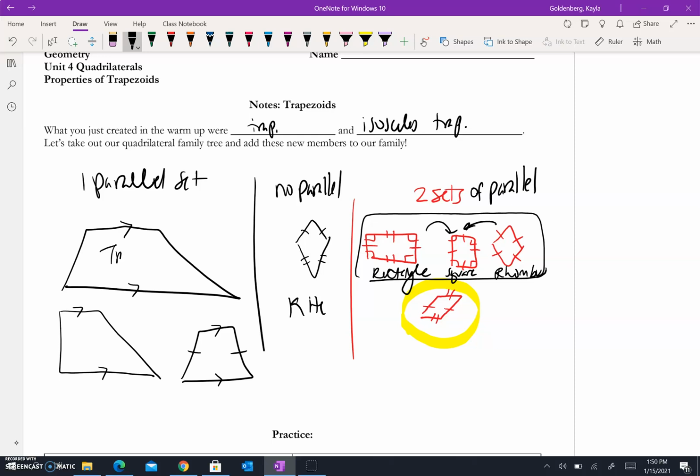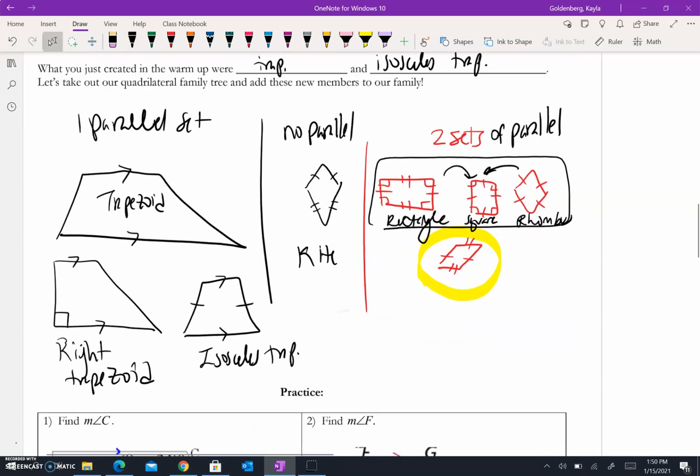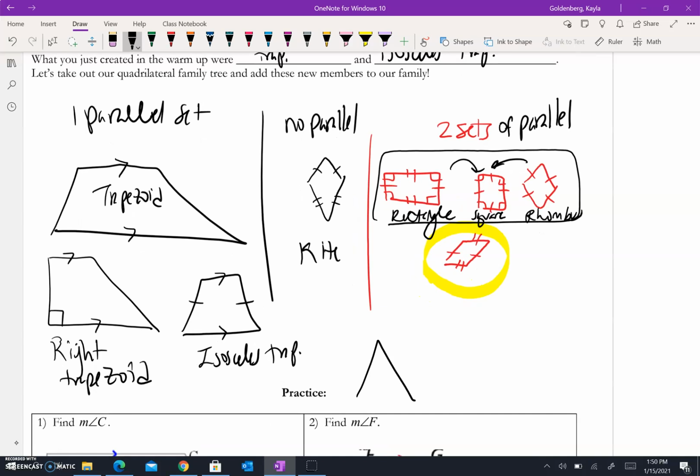And so we have the regular trapezoid, we have the isosceles trapezoid, and then this one over here, if I make it a right angle, intuitively we would call that a right trapezoid, just like if you have a right triangle. So isosceles trapezoids are actually really similar to isosceles triangles. Think about an isosceles triangle: those base angles are equal. So in this case, the base angles are also equal to each other.